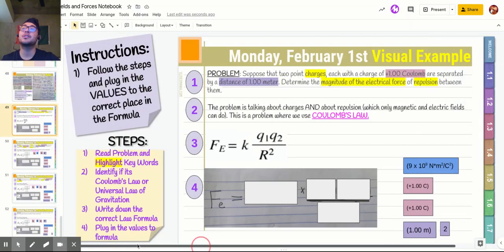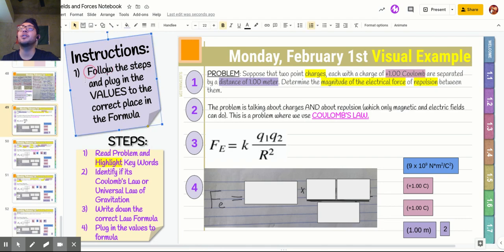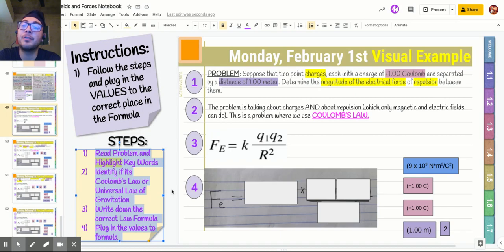So if I move to slide 49, I'm actually going to do a problem, an example. So we're in slide 49, Monday, February 1st, visual example. The instruction says follow the steps and plug in the values to the correct place in the formula. And then I put right here in the yellow sticky note the steps in case you need to look at them for reference, okay?